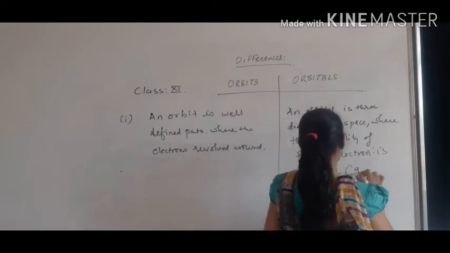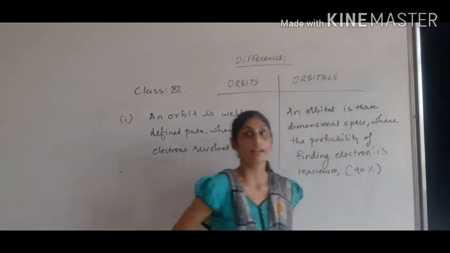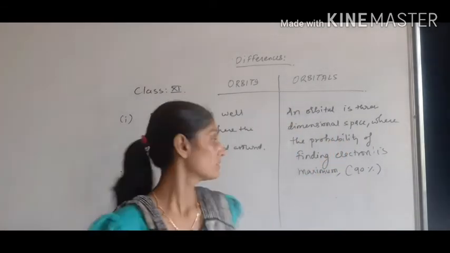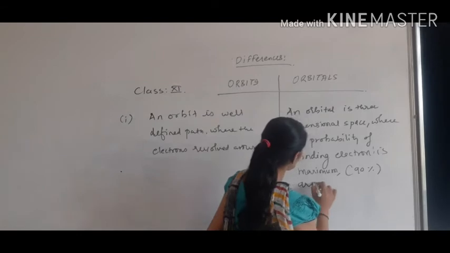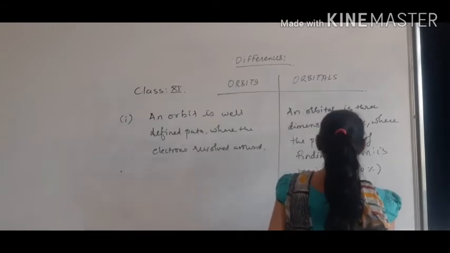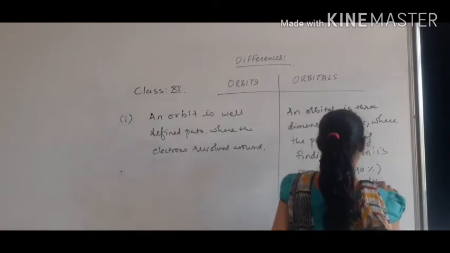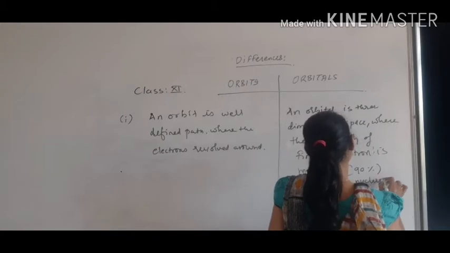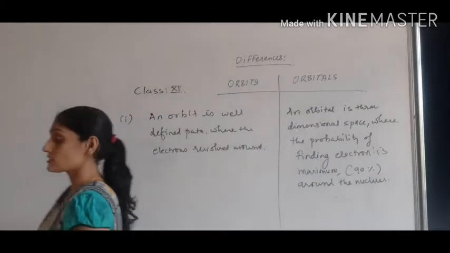That means 90% of electrons are going to be found around the nucleus. So that is the very first point. You can copy this first point.